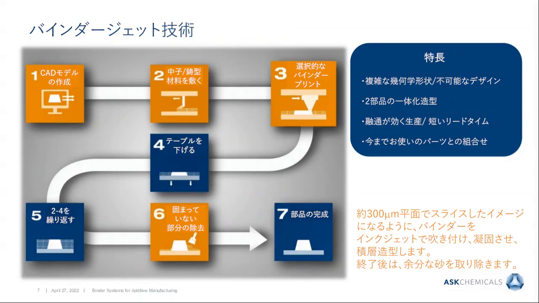With this technology come some advantages. Of course, one very prominent one would be the possibility to create very complex geometries or even designs which were thought to be impossible to manufacture. This also includes integrating parts into each other, so printing parts that would have to be assembled afterwards already in one part in the process.